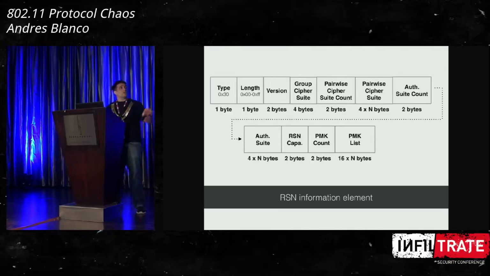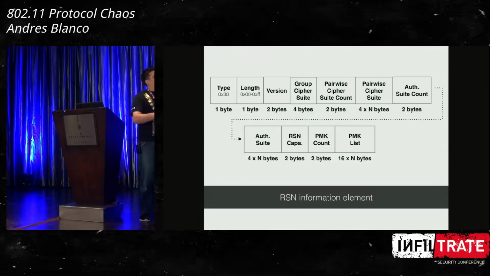But then we have structures like this one, that are much more complex. This is the RSN information element that is used for networks using WPA or WPA2. This information element describes the capabilities of the WPA and WPA2 network. Here we have something that makes no sense.